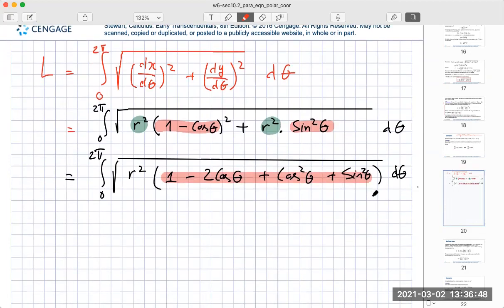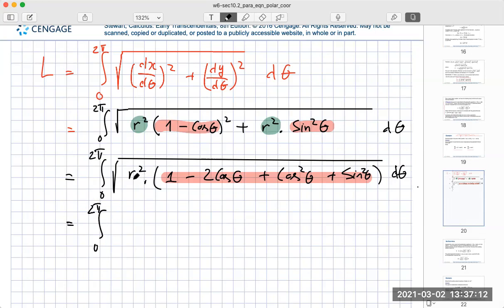Now, let us continue. Jonathan? So here, let us simplify it. First, cosine square plus sine square equals 1.